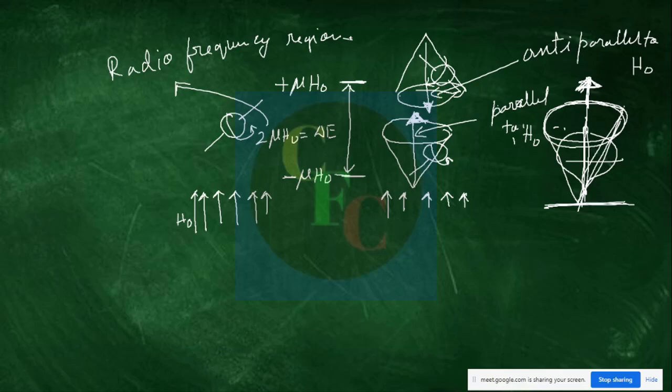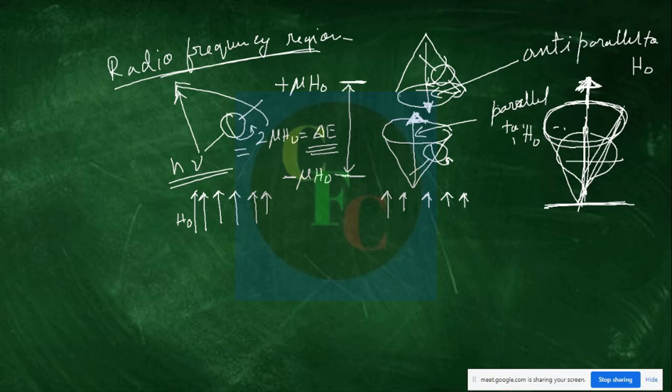If you apply the perfect amount of radio frequency, which equals this energy, that means h nu, where nu is in the radio frequency region, so if you have that particular amount of energy corresponding to this energy gap, you can see the spin change of the nucleus.